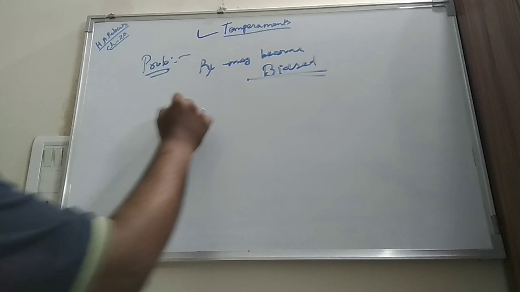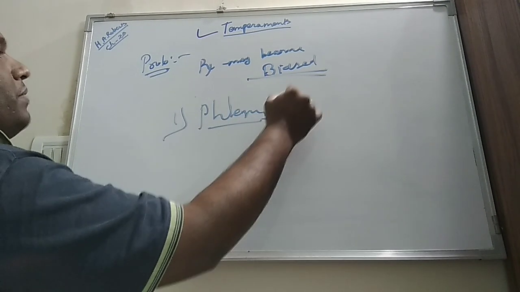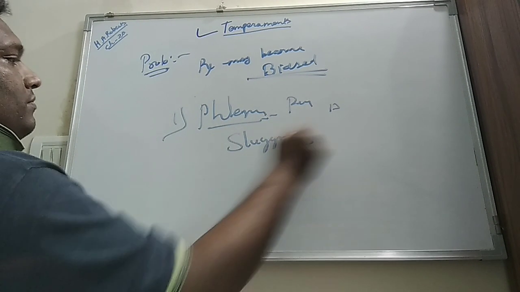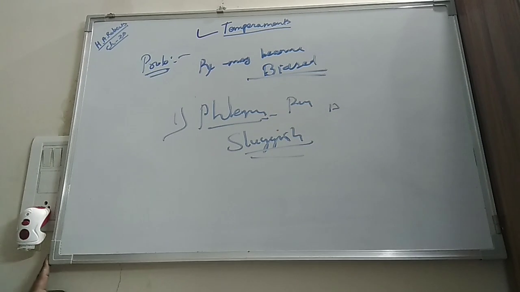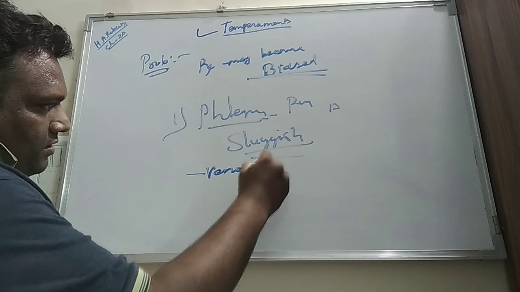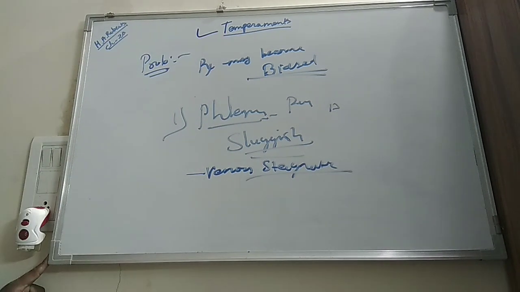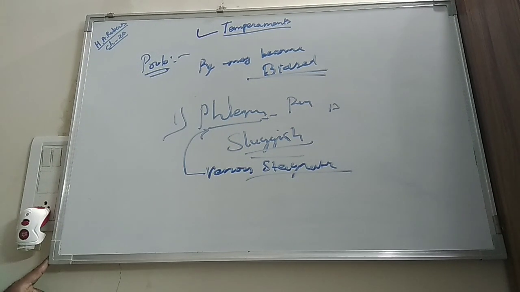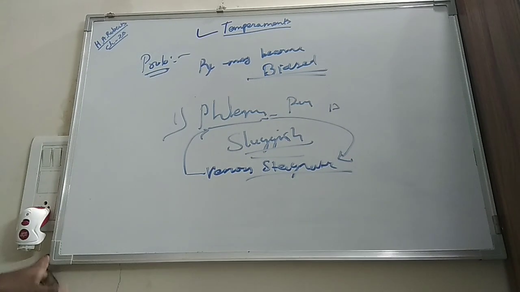Example 1. A phlegmatic person is sluggish. So, when there is venous stagnation appearing in the body, we think it is phlegmatic. Or if there is a phlegmatic person, we tend to find venous stagnation.